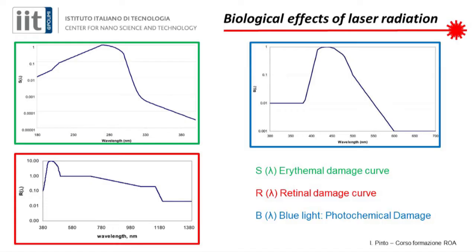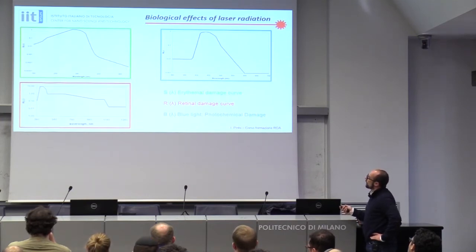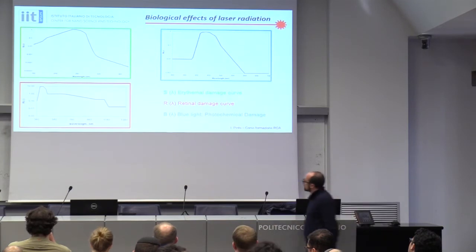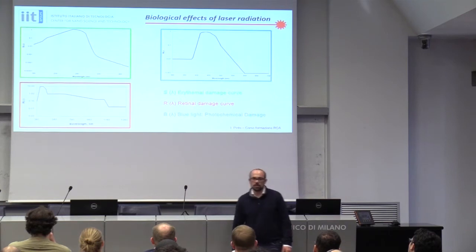Then, I didn't make these graphics. This is something that came from international organizations. These are the damage curves, to simplify, defined by the IEEE, I think, giving you, for example, in the UV, what is called the erythemal damage curve, and it peaks at 280, and then it decreases going closer to the visible.